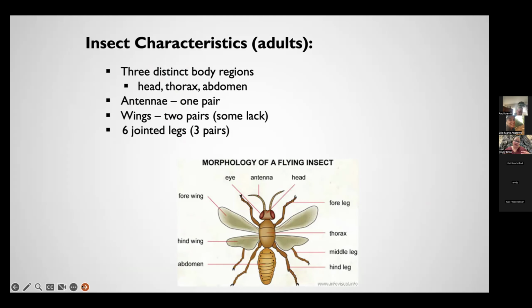They evolved with wings and lost them over time, so their ancestors had wings. Insects also have six jointed legs attached to the thorax. We have three pairs: your front legs, your middle legs, and your hind legs.